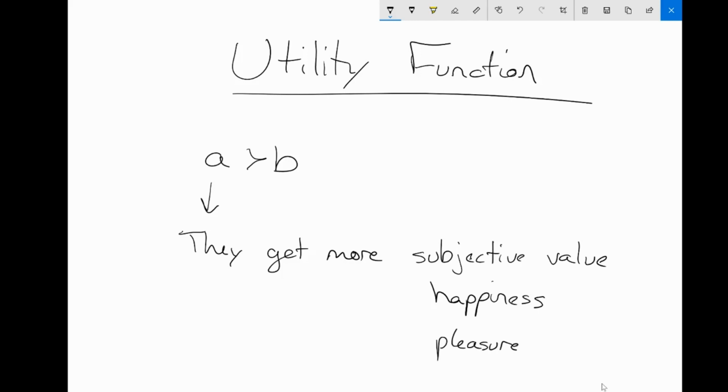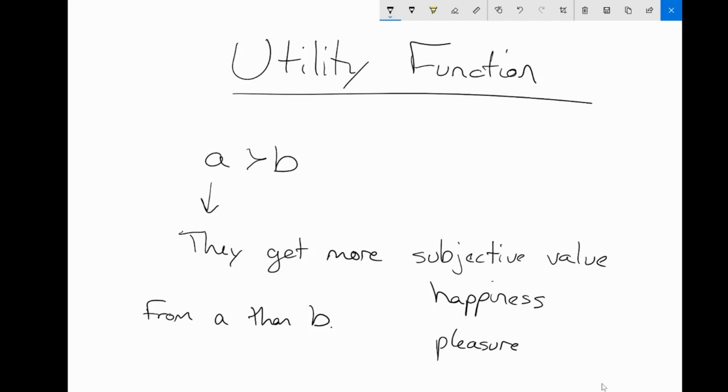They get more subjective value, happiness, pleasure, whatever you want to say, from A than B. If they prefer A to B, that means they get more from A than from B. It's their own valuation, according to their own preferences. That's all we're saying when we say their preferences.